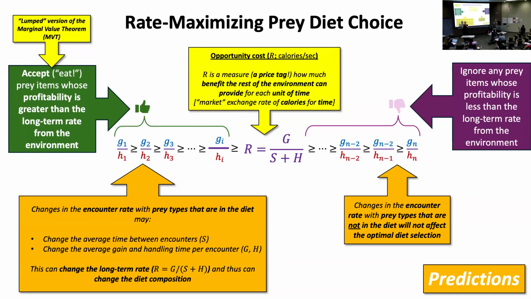But if you are maximizing rate, balancing this opportunity cost, then for things the predator is not eating, if you make them more or less frequent, as long as you don't change the frequency of things the predator is eating, it won't change the predator's diet. That's another prediction that we would get.